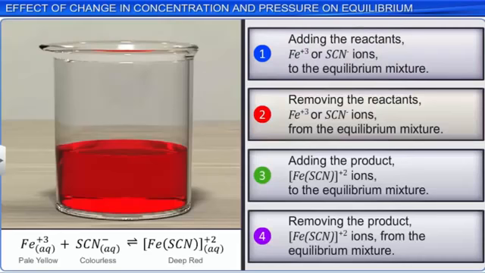Removing the reactants Fe+3 or SCN- ions from the equilibrium mixture. Adding the product FeSCN+2 ions to the equilibrium mixture. Removing the product FeSCN+2 ions from the equilibrium mixture.